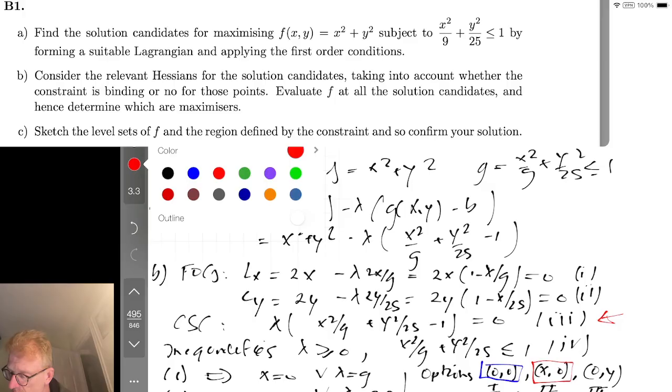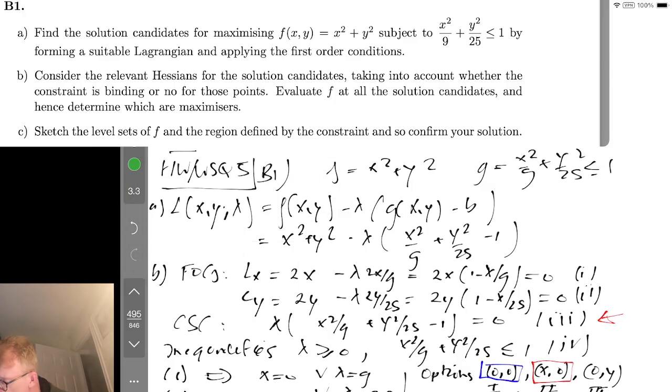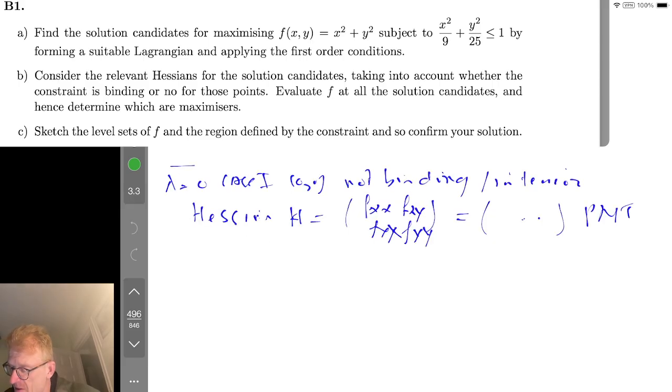Likewise, if we do 0, y, lambda is non-zero, so from 3 we determine y, and then we have everything. And it's again not binding, so it's binding, sorry.